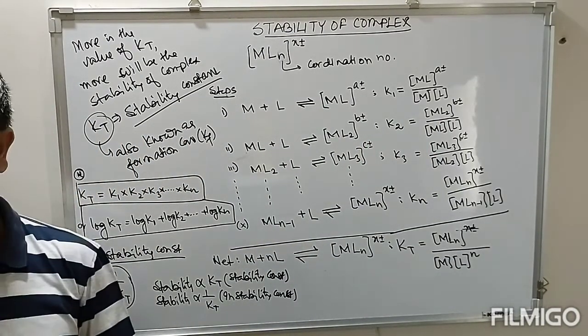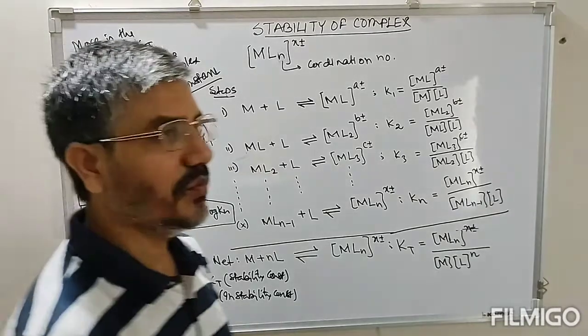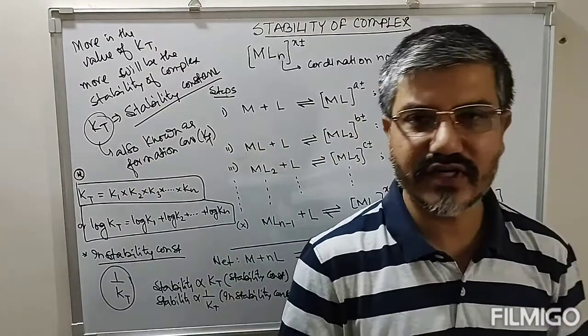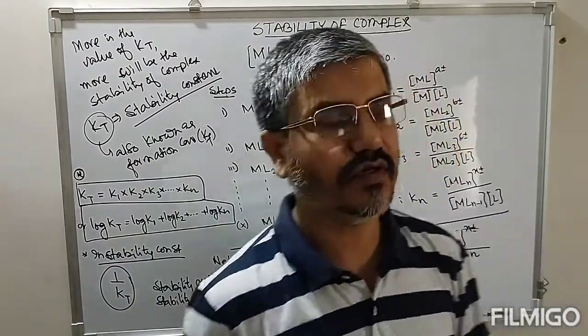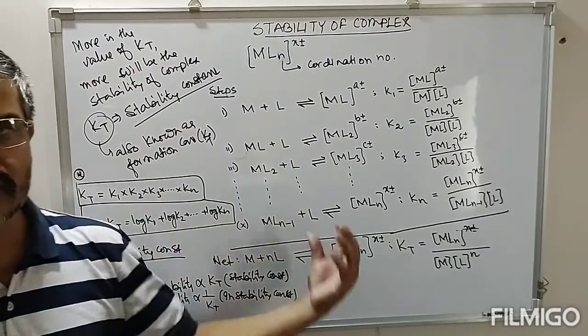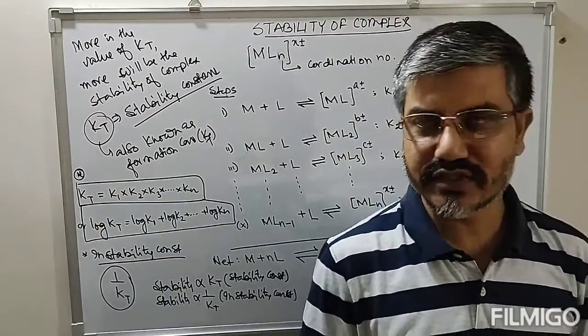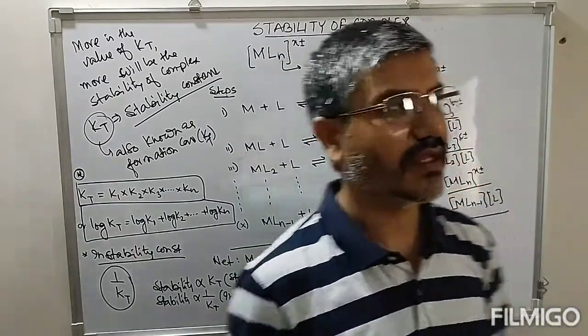So far we have discussed theories of bonding, how metal-ligand bonds are formed in various geometries: tetrahedral, octahedral, and square planar complexes. We have taken two different theories. Valence bond theory, known as VBT, takes into account the hybridization concept.